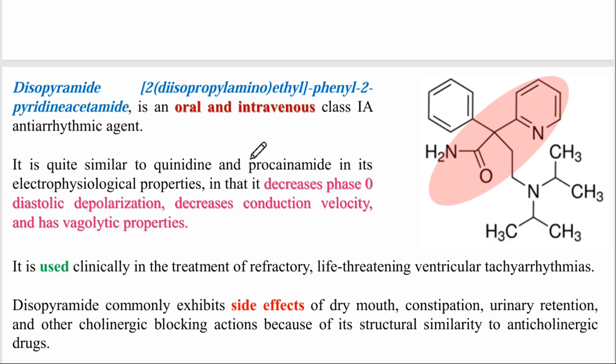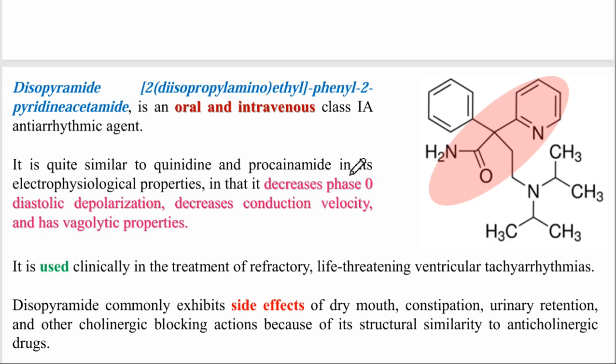Then we have disopyramide, which is an orally and intravenously effective antiarrhythmic agent. This decreases the phase 0 diastolic depolarization and decreases the conduction velocity, and it has a vagolytic property. It is used clinically in the treatment of refractory, life-threatening ventricular tachyarrhythmias. Disopyramide commonly exhibits side effects of dry mouth, constipation, urinary retention, as it is structurally similar to anticholinergic drugs.